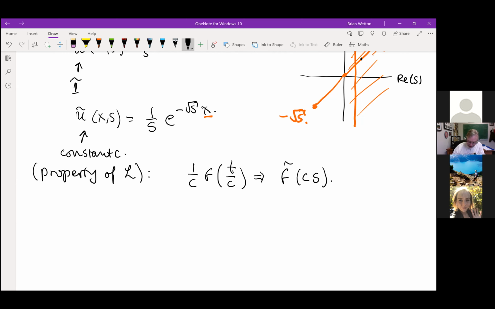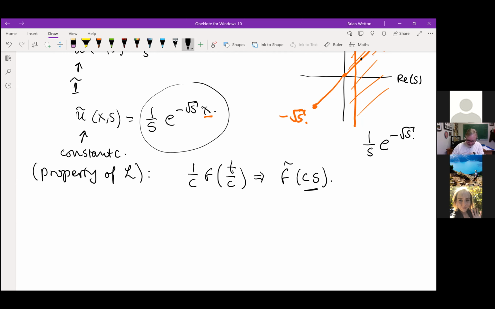And so if I've got this thing, and I want to write it like something I can match to the transform. Remember, I know what the transform of 1 over s e to the minus square root of s is, right? So I want to have c to be x squared, right?